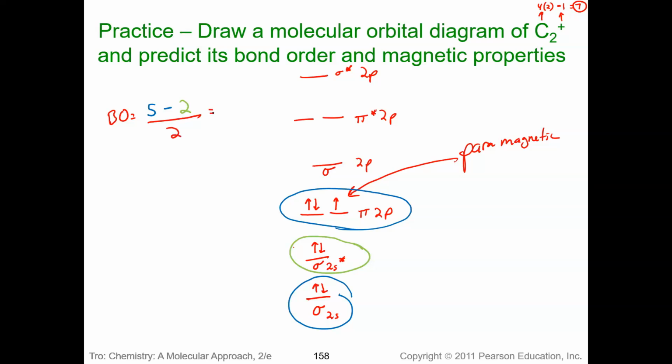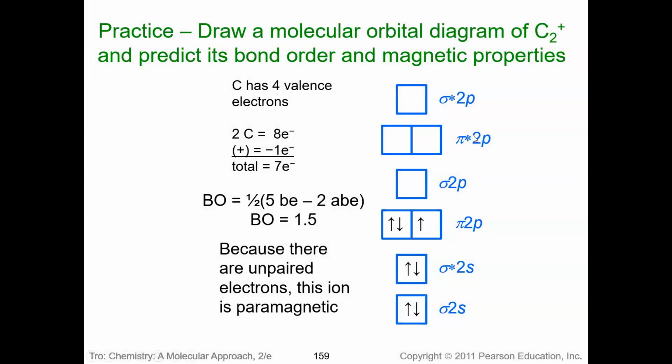And so when we do this, we get 1.5. So 1.5 would be our bond order for this one, and it would be paramagnetic. And that's how we do our molecular orbital theory. And if you take 229, we're going to talk more about this also.